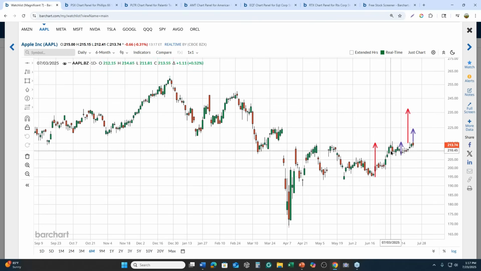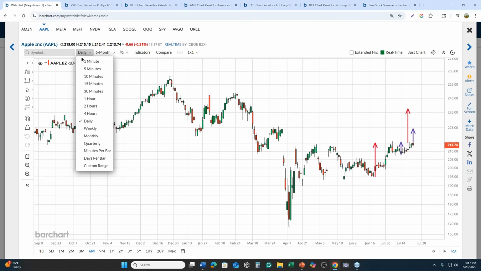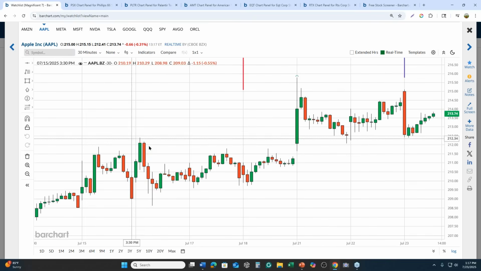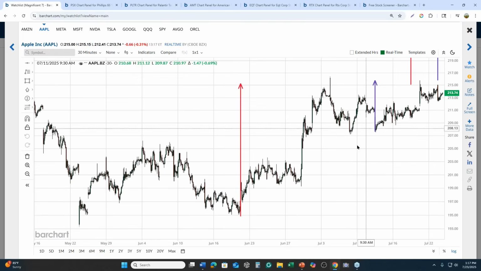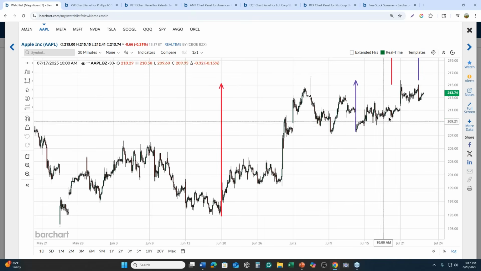So notice that there's a purple arrow here. Now watch this. I'm going to go down to a 30-minute time frame, and let's shrink this chart up a little bit. There's that purple arrow. The handle in the daily looks to be a cup in the 30-minute time frame, and here is a small handle.